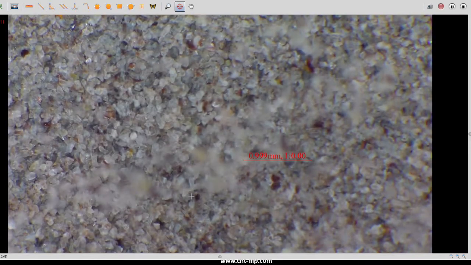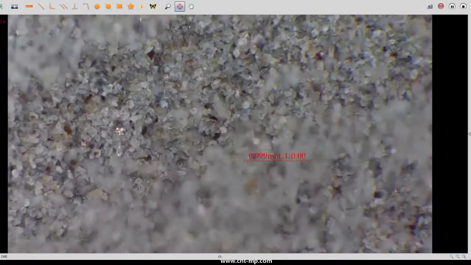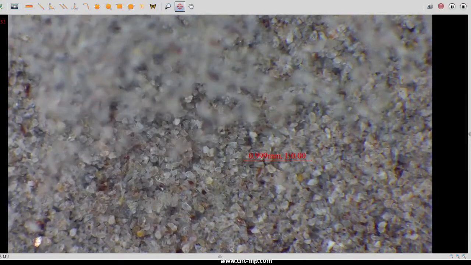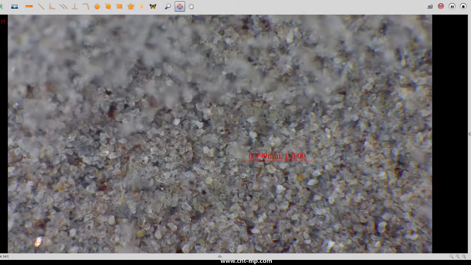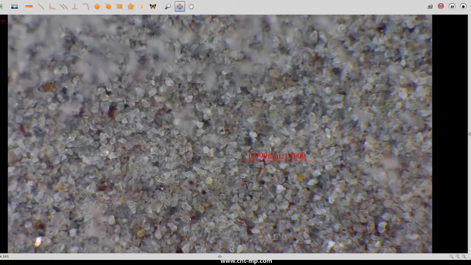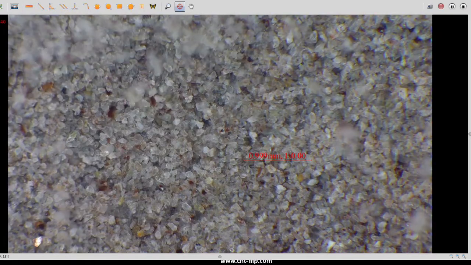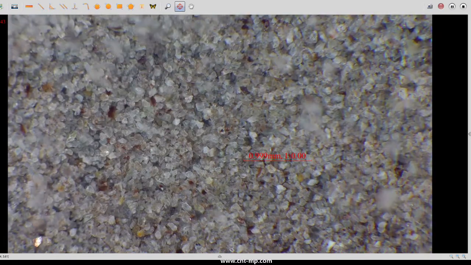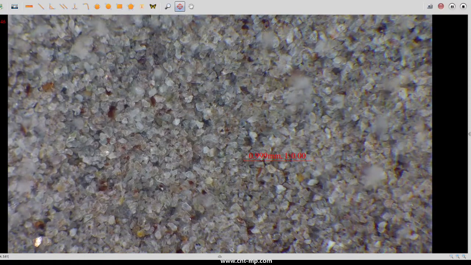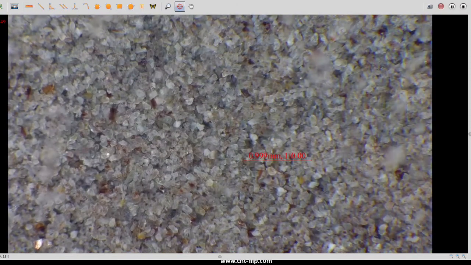This is just tailings, a more tiny fraction. This is the fraction 125 to 63 microns. As you can see, the grains are much smaller in size. It's still wet because we're still in process.